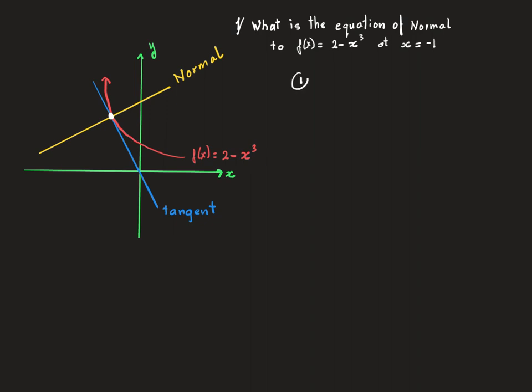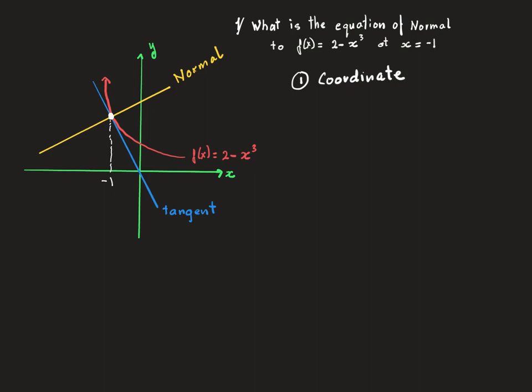First of all, we need the coordinate, and the coordinate can be seen from that function. It's at x equal to -1 because we're told that it is. So let's draw a dotted line here and say that that is -1.